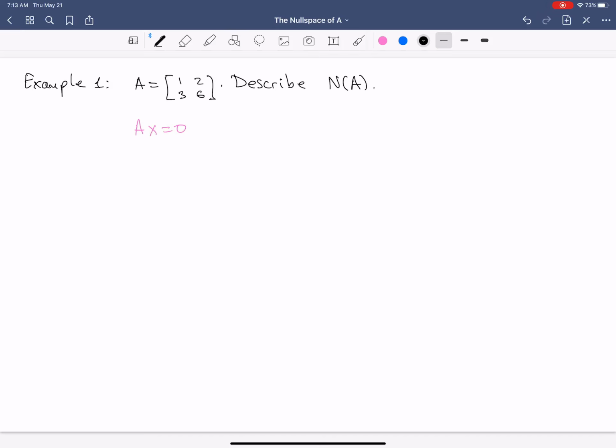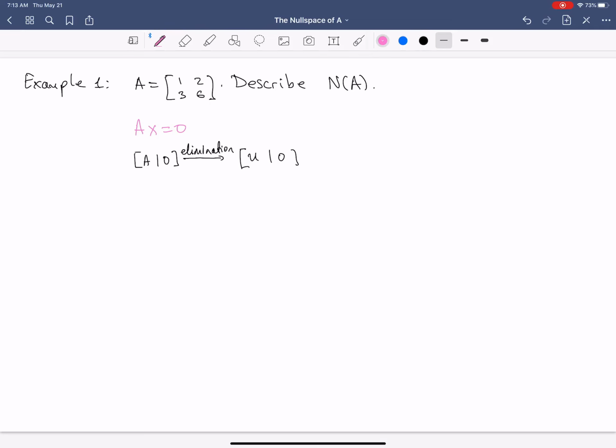Our standard way of approaching this is you have your matrix, you could augment it like this, A and 0. You carry out elimination, and you get to the equivalent system with the matrix U and 0.